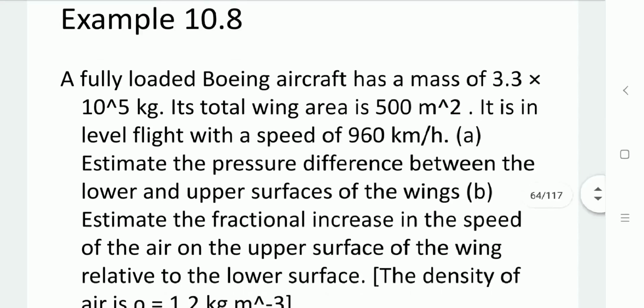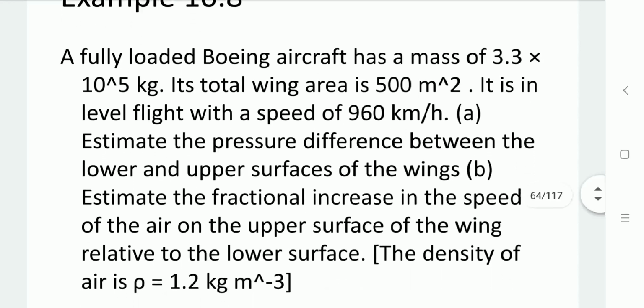Estimate the pressure difference between the lower and upper surface of the wings. Next, estimate the fractional increase in the speed of the air on the upper surface of the wing relative to the lower surface. The density of air is given as 1.2 kilogram per meter cube.